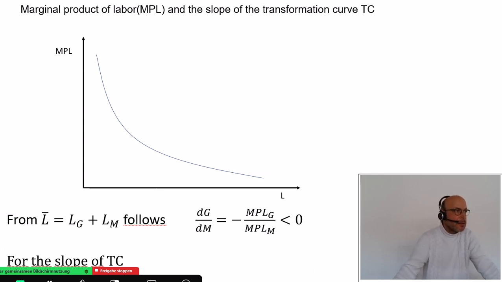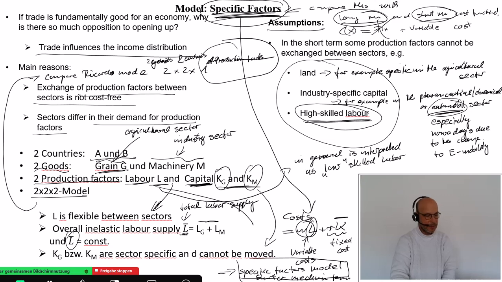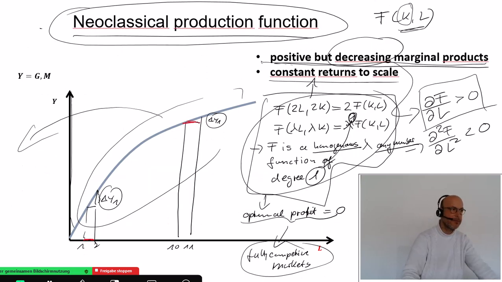The dependence of the marginal product on the input factor itself. And since we are focusing on the flexible factor, the marginal product of labor depending on labor. And here we just use the assumption of our neoclassical production function.